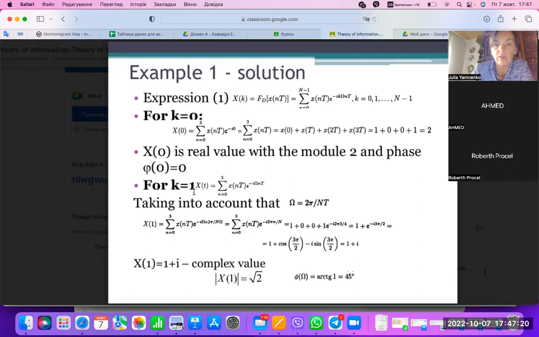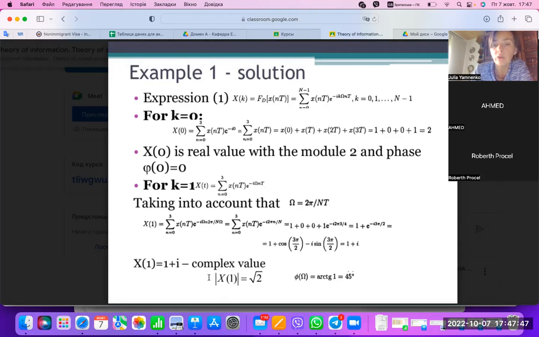And then we just put in k equal to 1. And here we will obtain a value that is already not real. It's a complex value. I will not stop, if you don't mind, on this mathematical calculation. You can later revise all of them and check yourself. The result will be 1 plus j, where j is the imaginary unit.